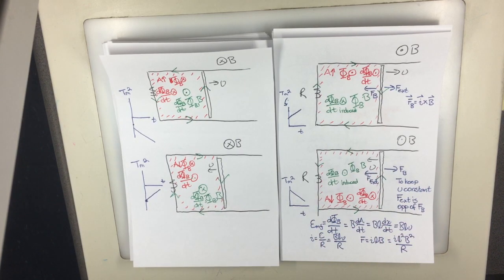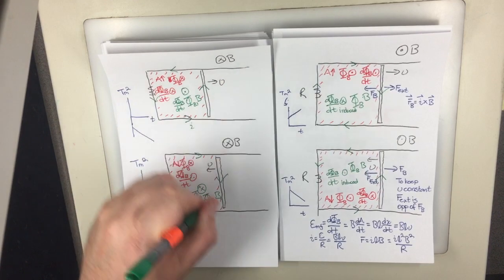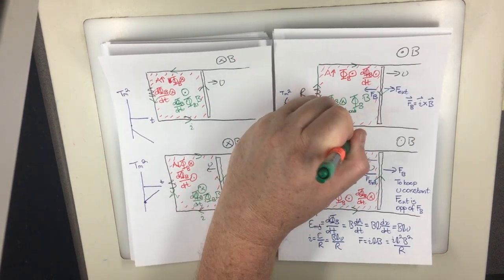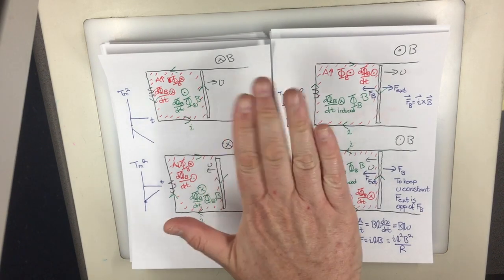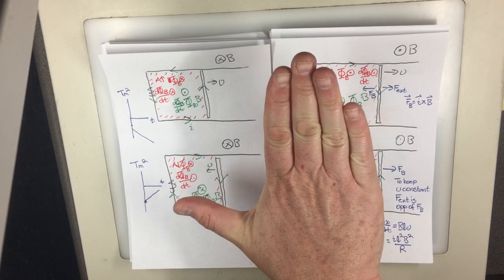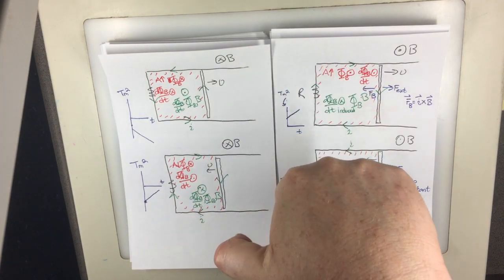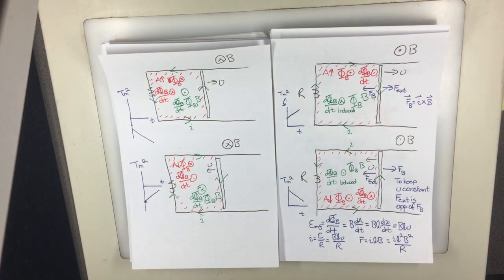So that sets the current. The last bit is the bit dealing with the magnetic force. Here, the current is going to the top of the page. The B field is in, so the magnetic force is to the left.